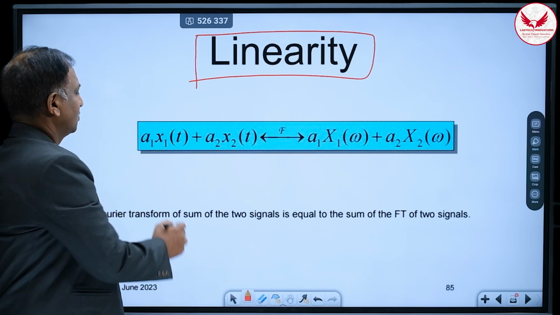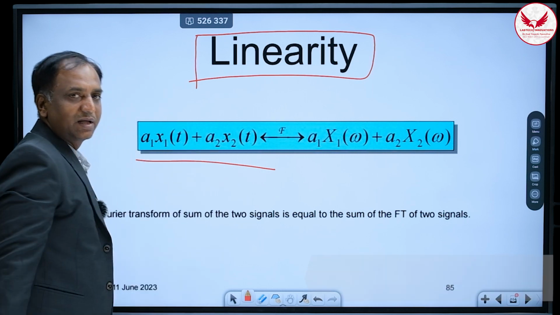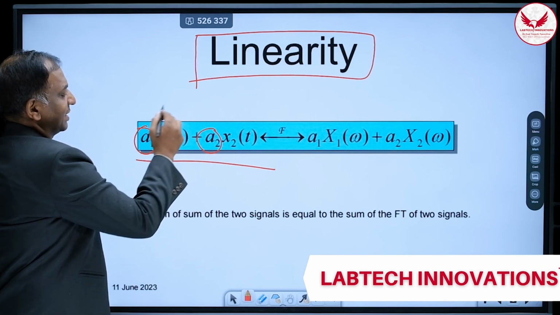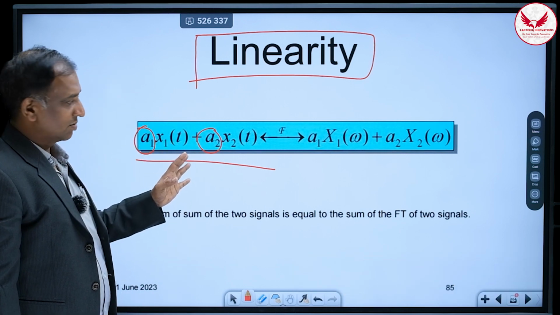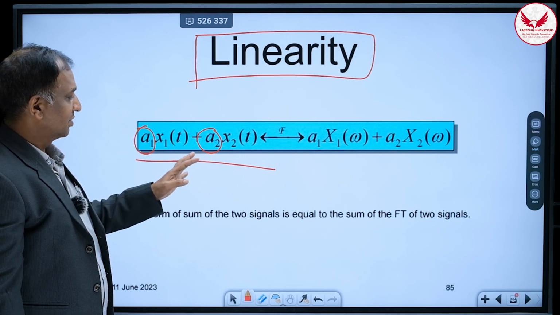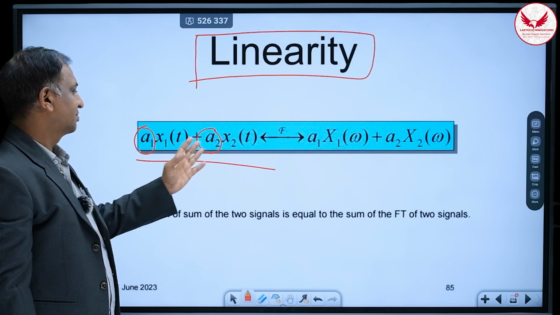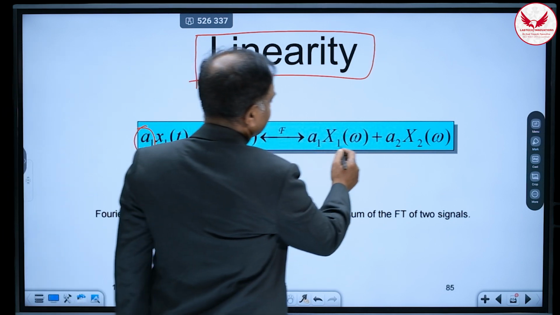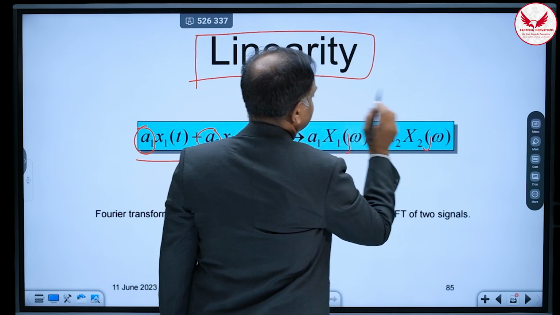Linearity means when two signals are added in the time domain, x1 of t plus x2 of t, weighted by any values a1 and a2, then the Fourier transform of a1 x1 of t plus a2 x2 of t is a1 x1 of j omega plus a2 x2 of j omega.